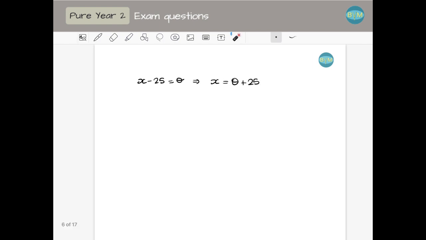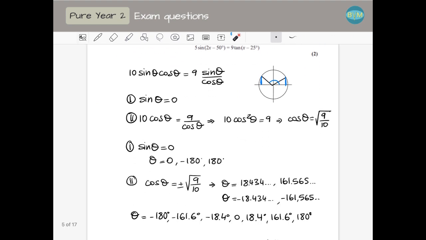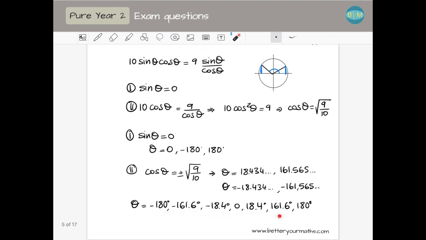I need to look for the smallest positive solution. It's a good idea to have them in order, really. When I add 25, the smallest positive answer is going to be this one.